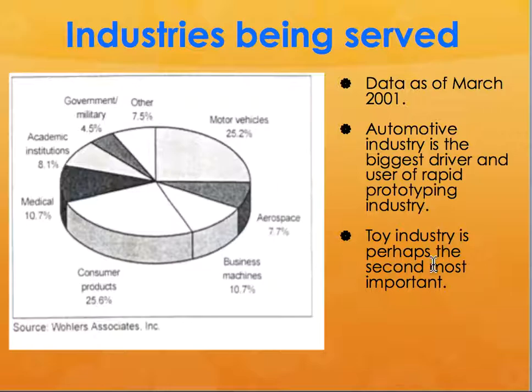In fact, you should go and look up something that happened in 2015 or 2016, I think it is 2015. Look up the word Cobra cars being built by Oak Ridge National Laboratory.